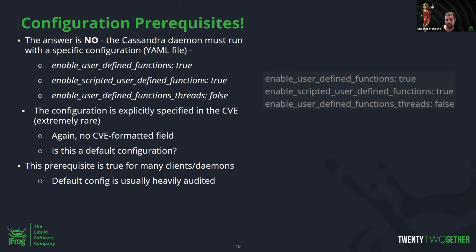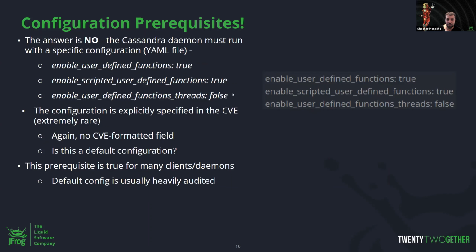There's no fields for that. So even if the CVE reporter wants to say this information, it can only be said in free text. That's why currently you have to look out for these things in free text and researcher advisories, etc.